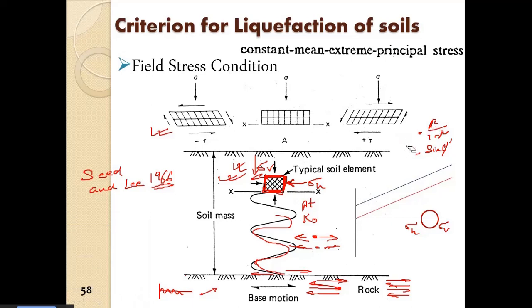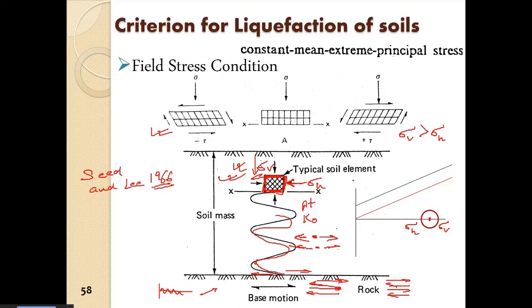We know we have the k naught, so ultimately sigma v is more than sigma h. So we can draw the Mohr circle at that condition, and we have a mean effective confining stress, or a constant mean stress.